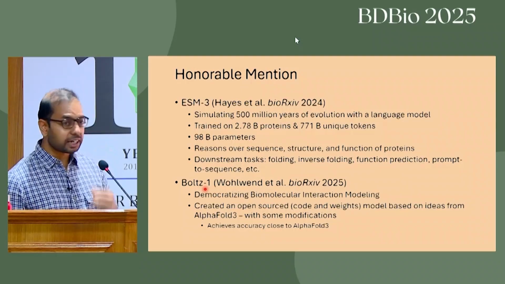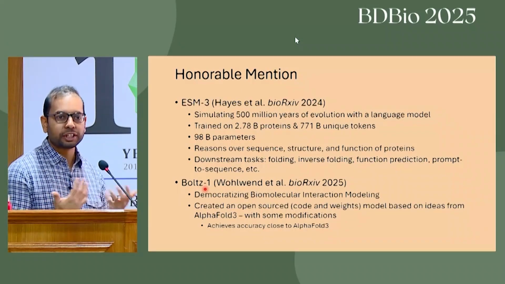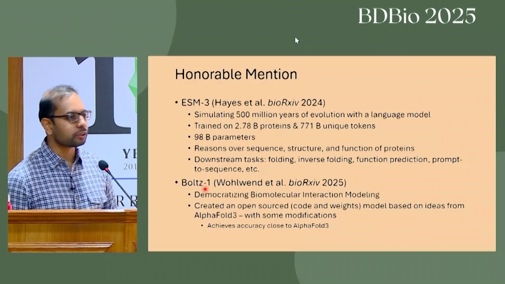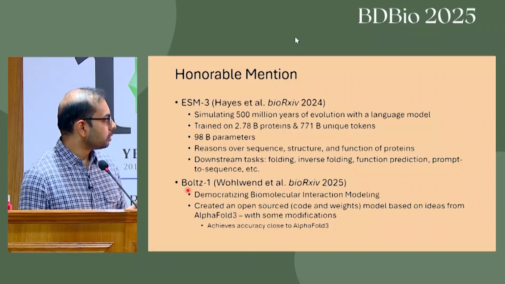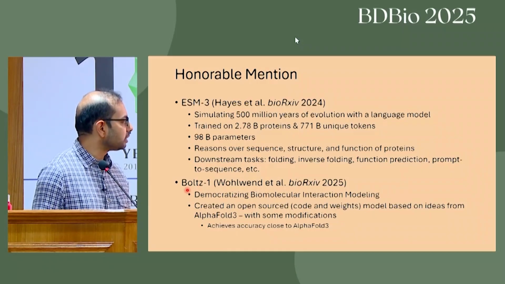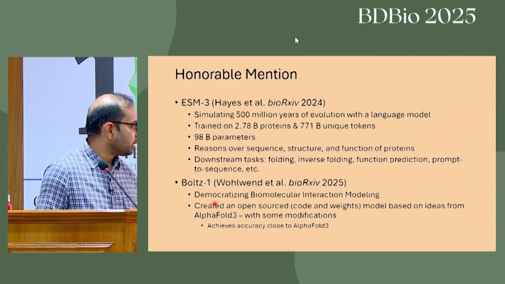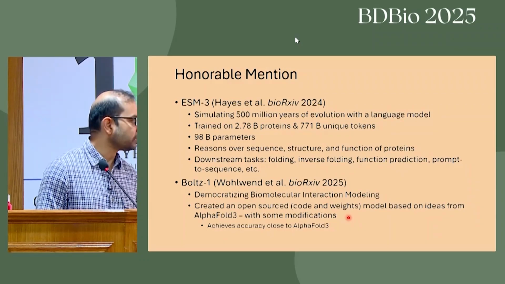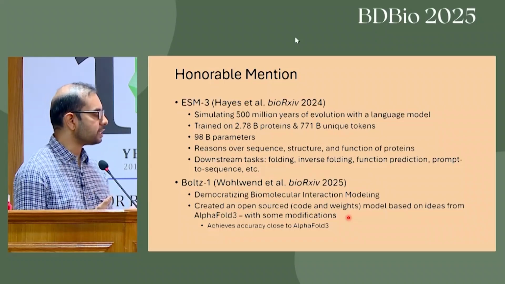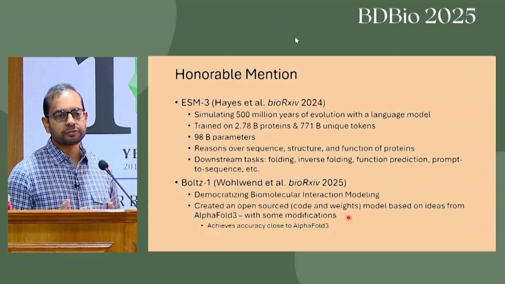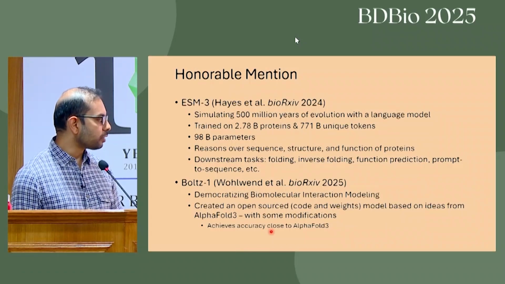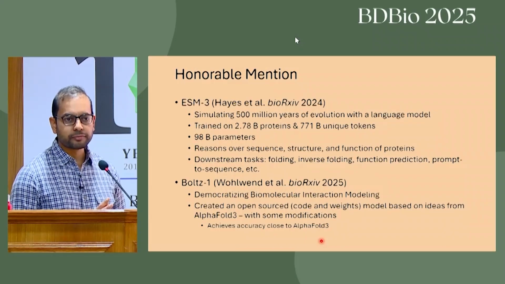Similarly, there are academic institutes which want to continue working in this field, and they cannot do it without collaborations and without community. So there is this group at MIT which has built this thing called Boltz-1, and their goal is to democratize biomolecular interaction modeling. So their algorithm, weights, code, training, inference, everything is publicly available. You can use it, and they achieve accuracy fairly close to AlphaFold 3.